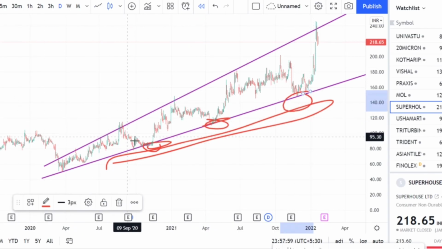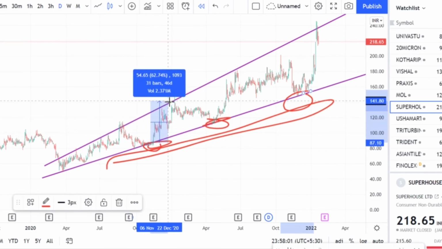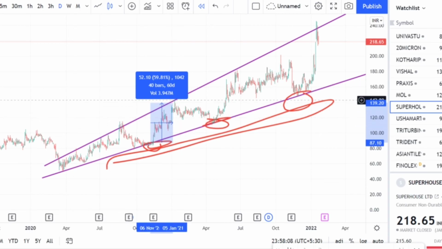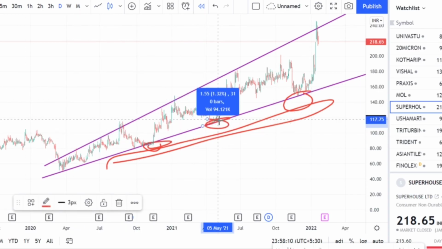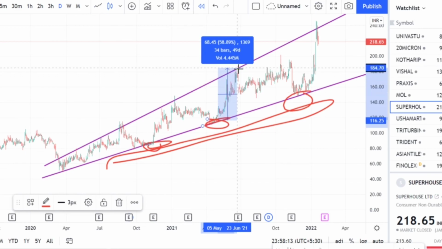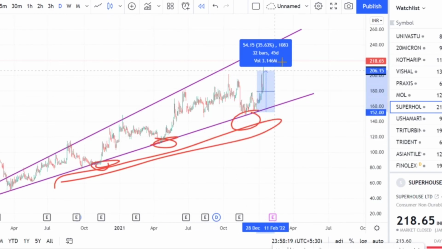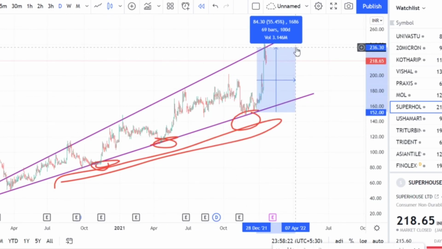And on each entry you could have at least made a profit of 52 rupees, which is 59% return on your capital. And on the next trade you could have made 57% of return, and on the final trade you could have attained almost 55% of return.